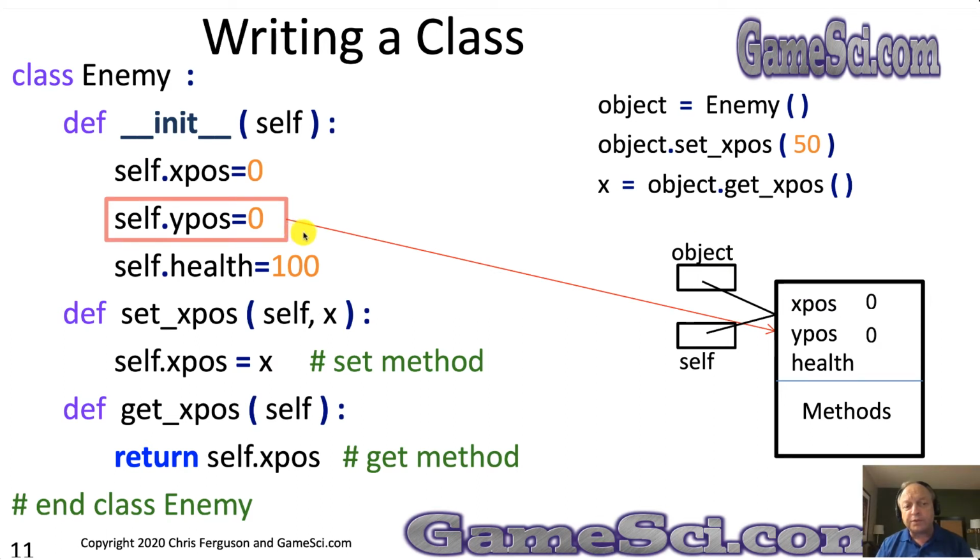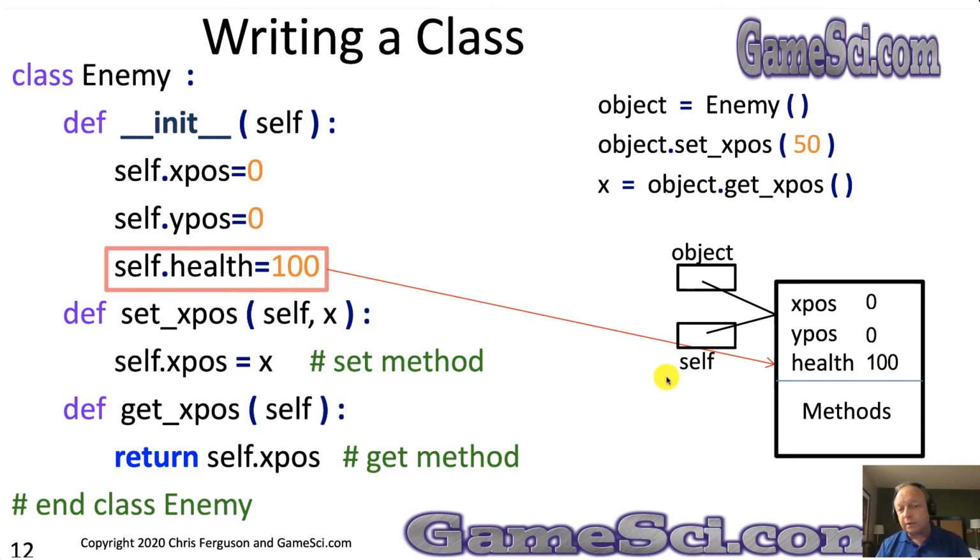Self.ypos, or yPosition, equals 0. Once again, we'll go to the self reference variable, access what's in the self reference variable, and the ypos variable will be set to 0. At the same time we're doing that, we're setting object's ypos. Because object and self are pointing to the same thing, anything I change in self is changing this object variable.